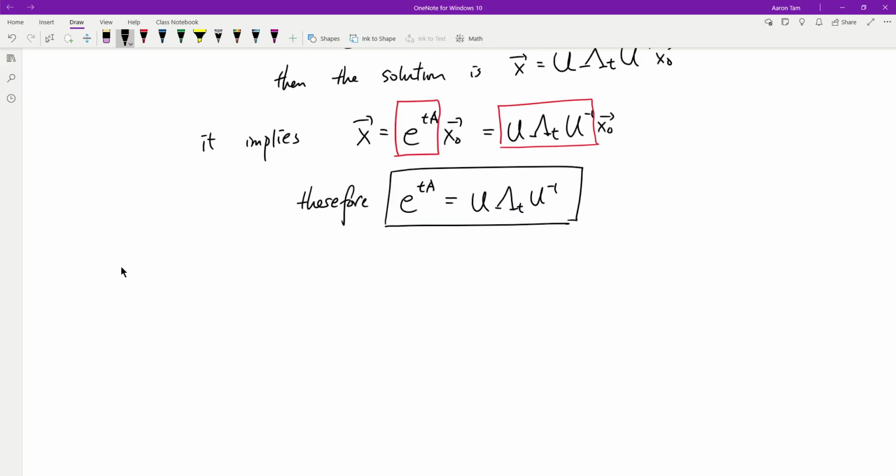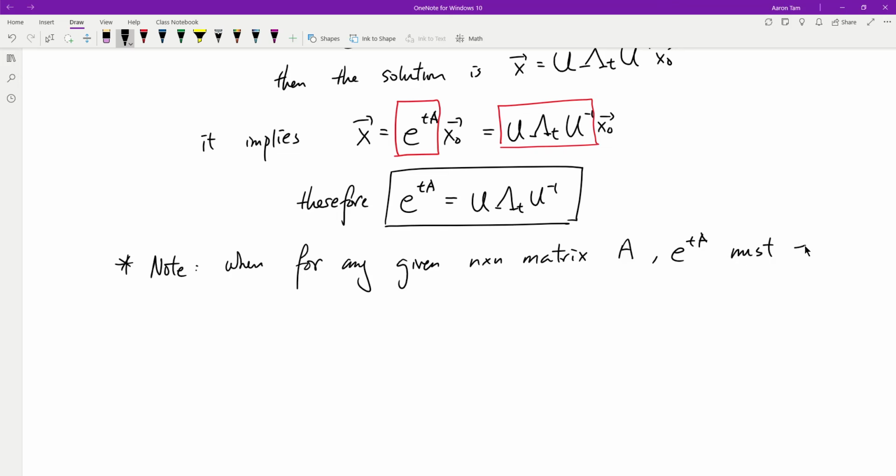Note: for any given n by n matrix A, e to the tA must exist. Why? Because we stated in theorem 13.2.1 that any square matrix must have a matrix exponential, e to the tA.